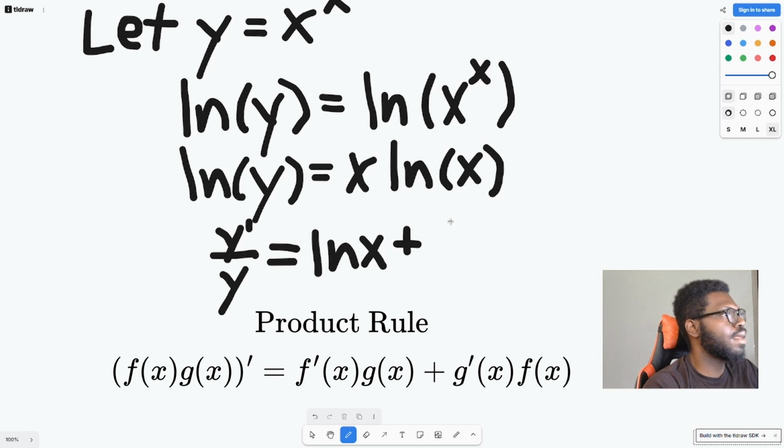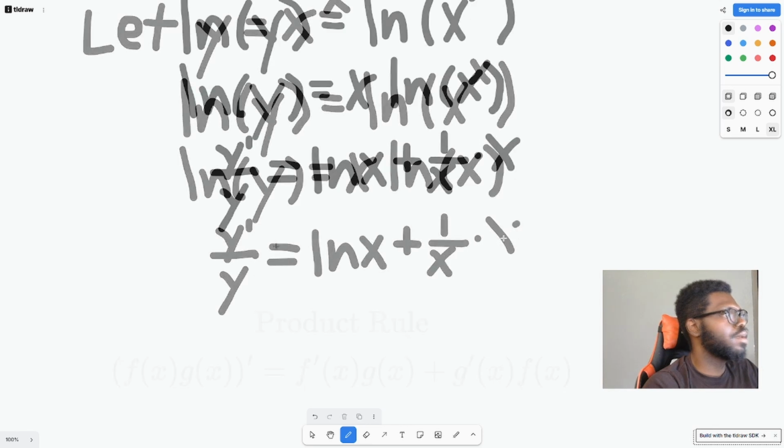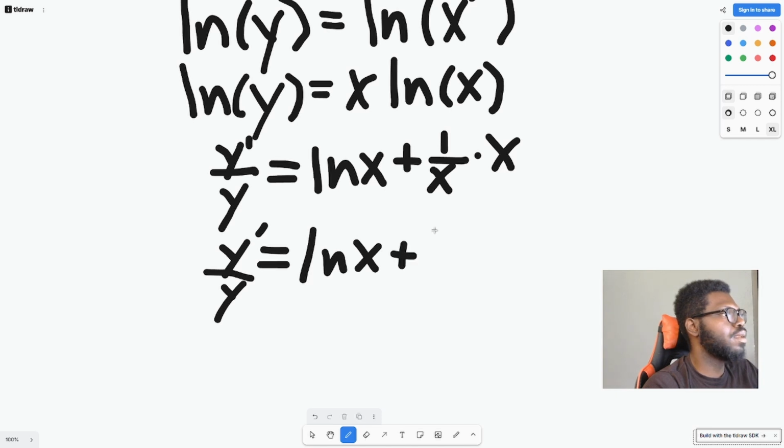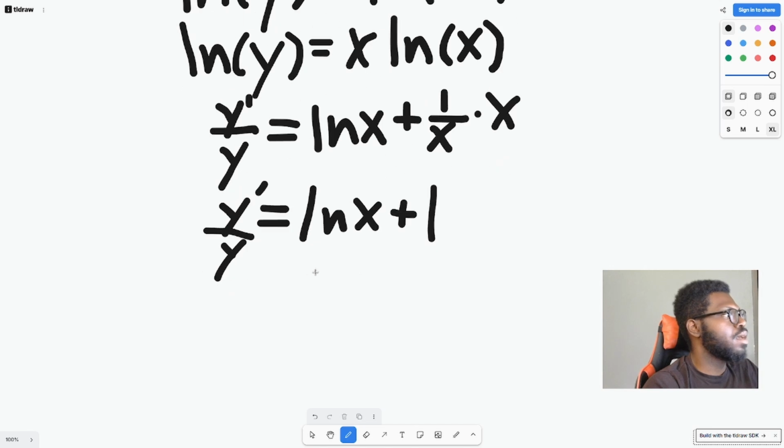The derivative of ln x is 1 over x, which means we're going to end up with 1 over x times x. And if we simplify the right side further, we get ln x plus 1. y prime over y is equal to ln x plus 1 is our equation.